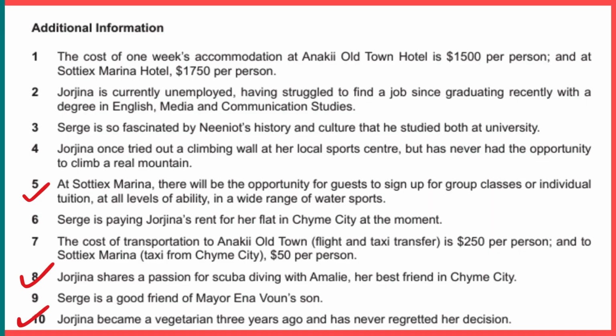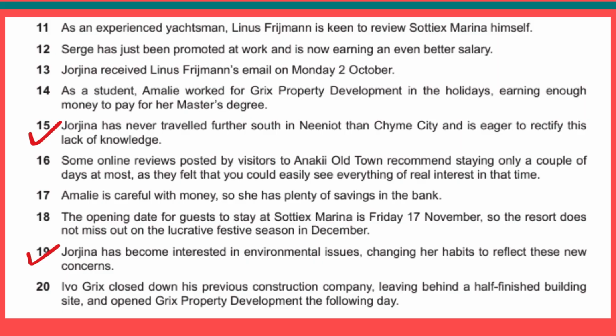AI9 says Serge is a good friend. It has nothing to do with Georgina. AI10 says Georgina became a vegetarian 3 years ago, so it has something to do with Sortex Marina. So point 10 is your relevant point here. So we have more additional information points. AI11 says, as an experienced man, this is not a relevant point. AI12 says Serge has been promoted.